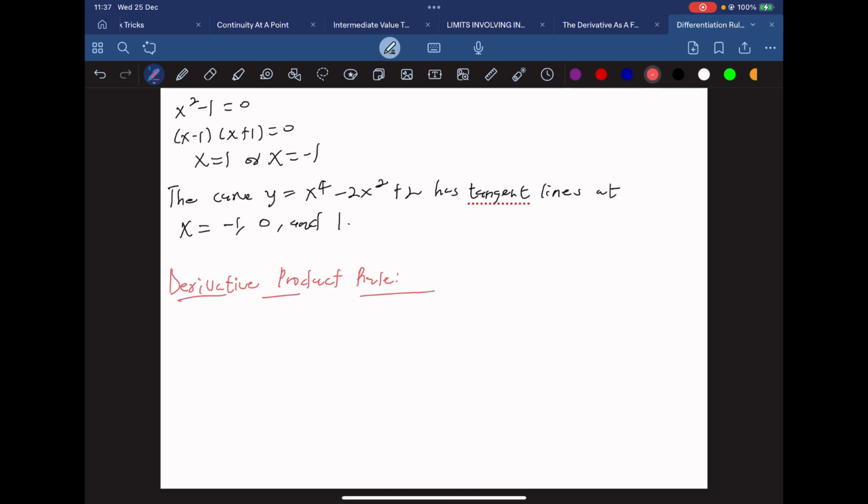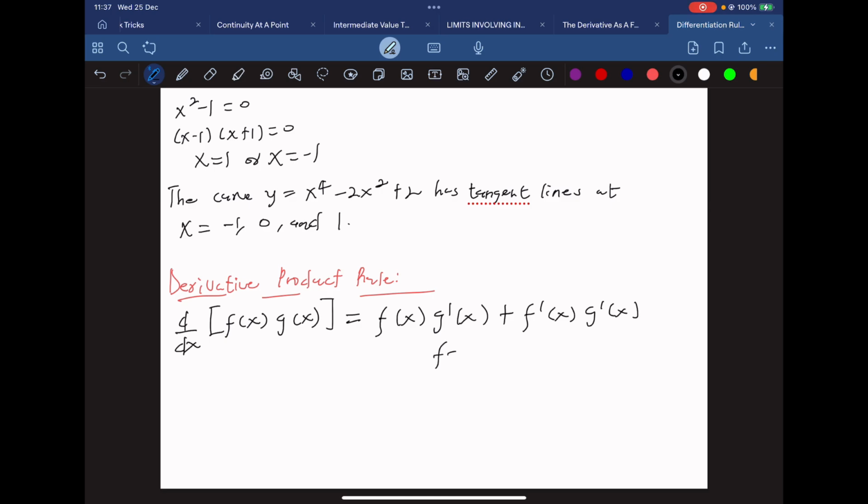Basically what this says is that if we have two functions, f and g, and these two functions are differentiable, then the derivative of their product can be written as, in short, f g prime plus f prime g.